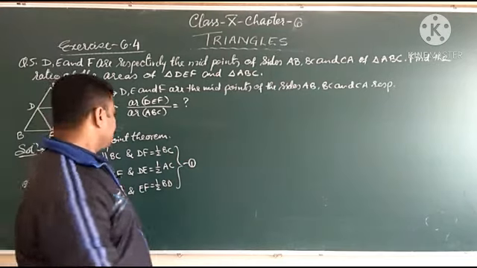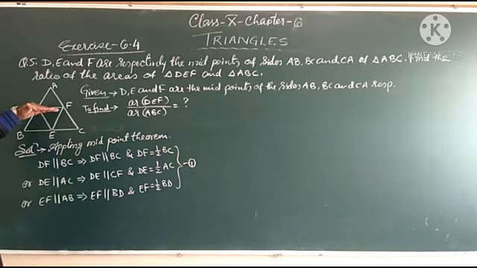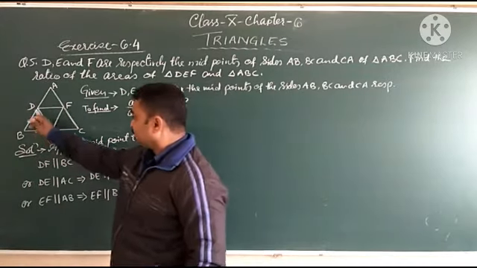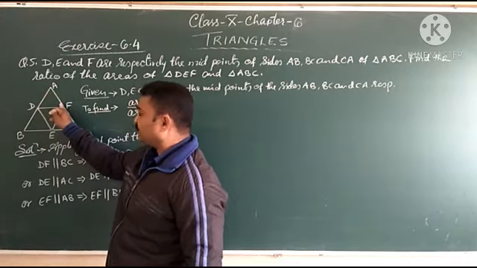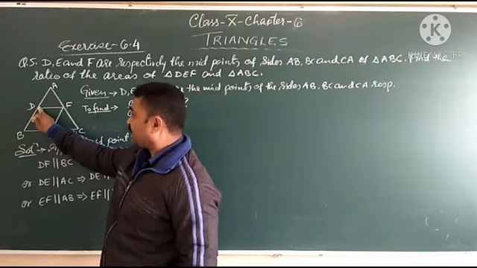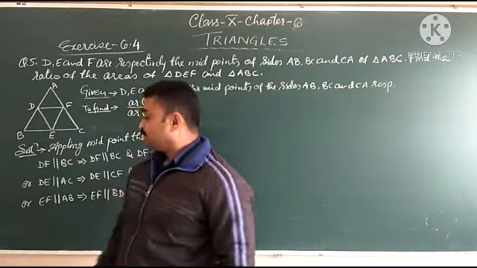Clear? See, DF is parallel to BE, EF parallel to BD. Okay, that means here DE parallel to AF and EF parallel to AD.